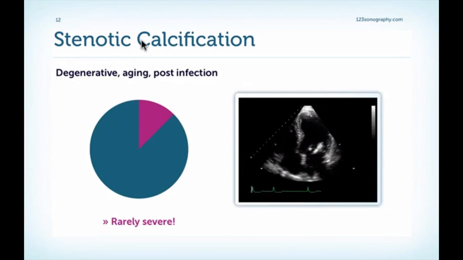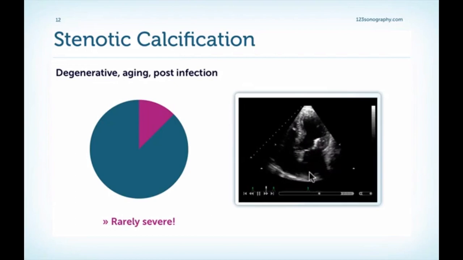As already mentioned, the second most frequent cause of mitral stenosis is stenotic calcification. You see, it's significantly less common than rheumatic heart disease. And here's such an example where you have calcification which spreads from the annulus to the mitral valve leaflet, the posterior leaflet, causing a reduction in mitral valve opening and thereby mitral stenosis.